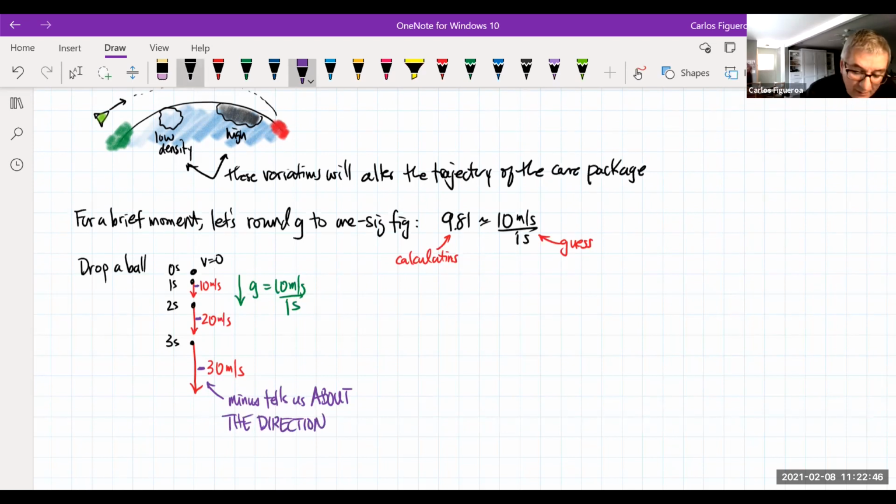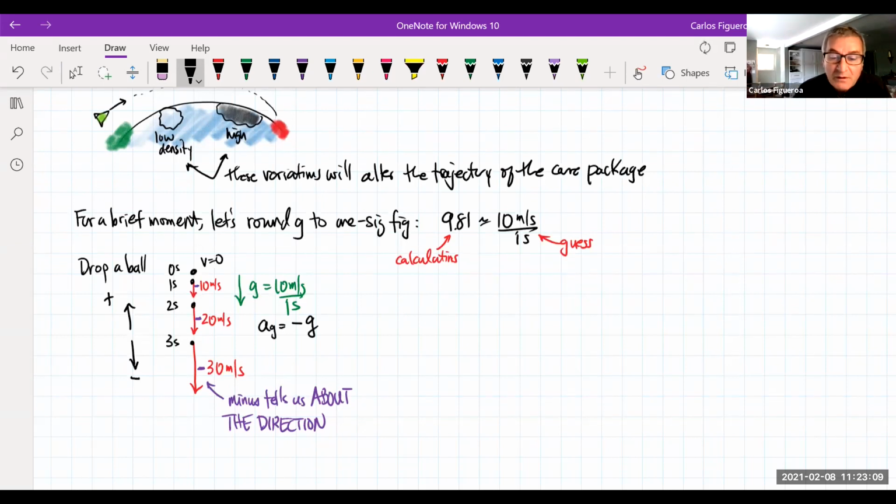It's going down, and our direction is that down is negative, up is positive. The fact that I have an arrow means it automatically implies a minus sign. But if I want the acceleration due to gravity, then I write this here.